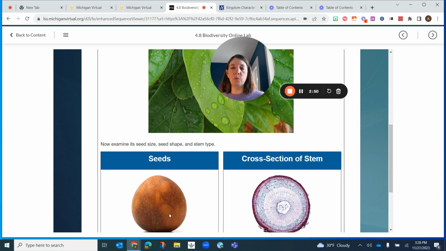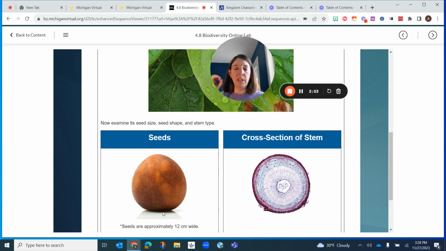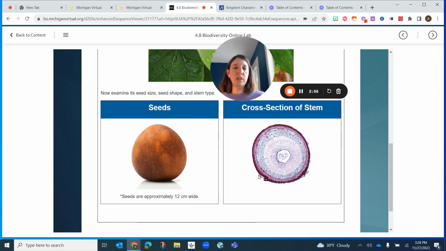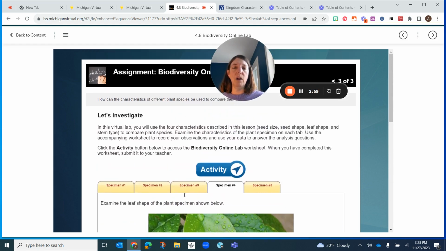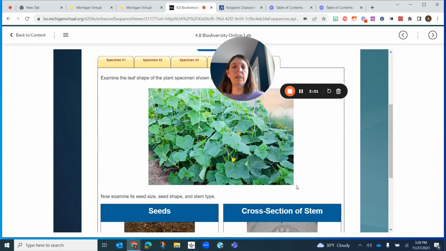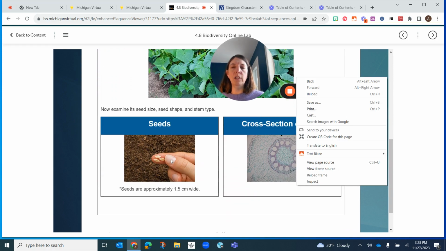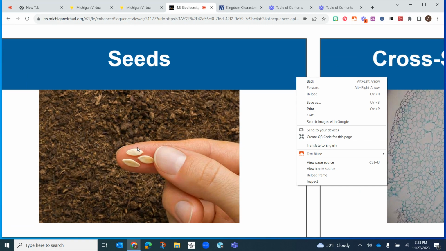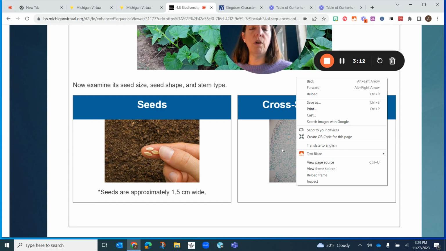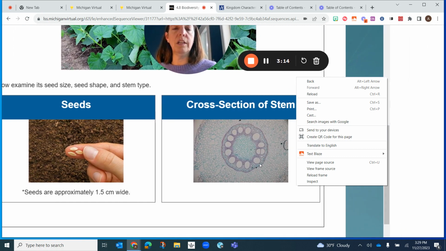The seed is rounded, almost like a sphere. And then the organization here, you can see it's 12 centimeters wide, so it's quite large. And then we have number 5, looking at the shape of the leaf here, looking at the seeds. If we blow it up, looking at that shape in particular, and then the cross section here, look at the organization.